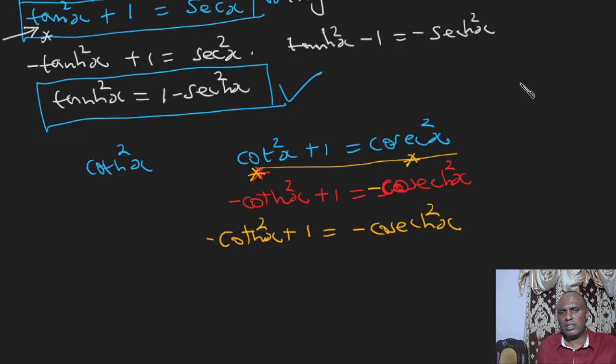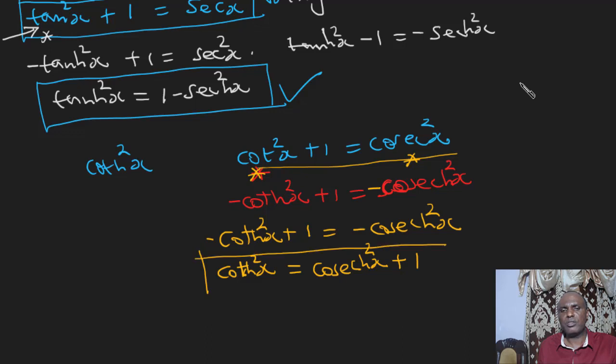On rearranging this one, it becomes coth squared x is equal to cosech squared x plus 1, and we have proved the other hyperbolic identity.